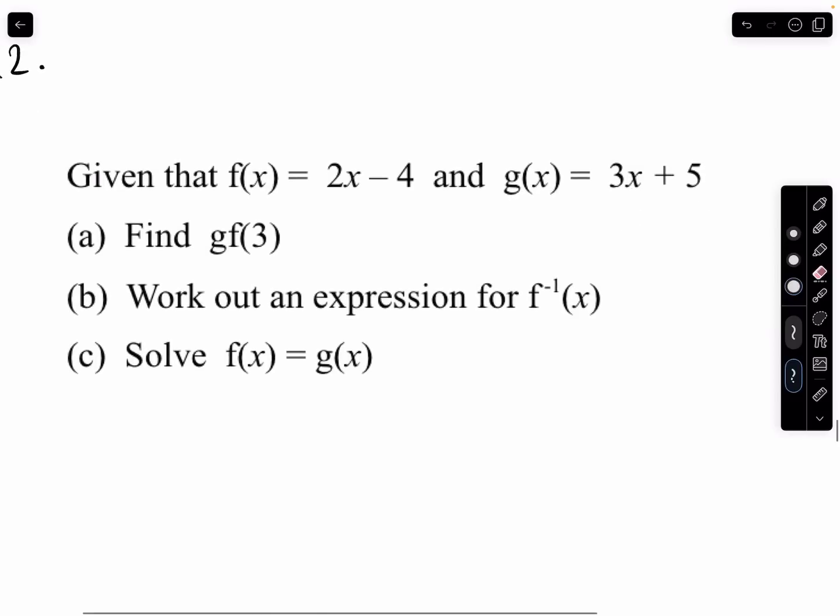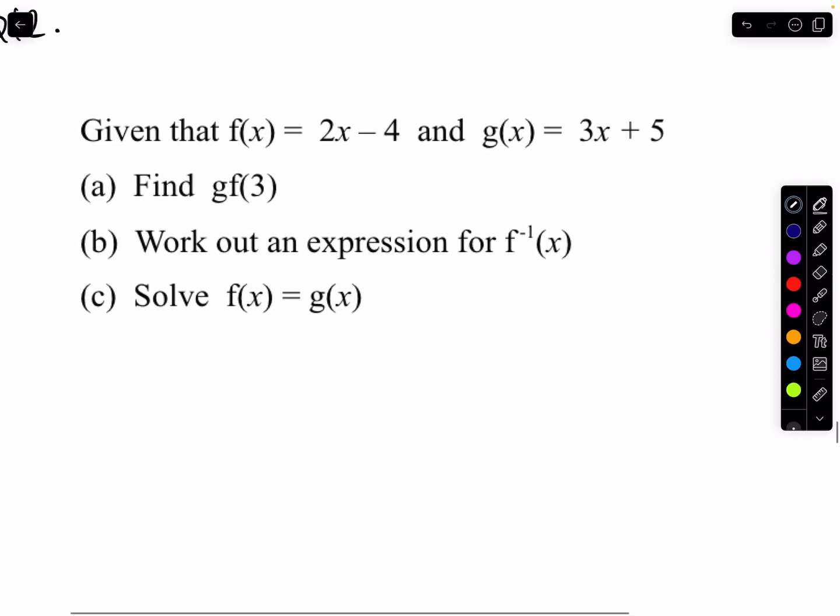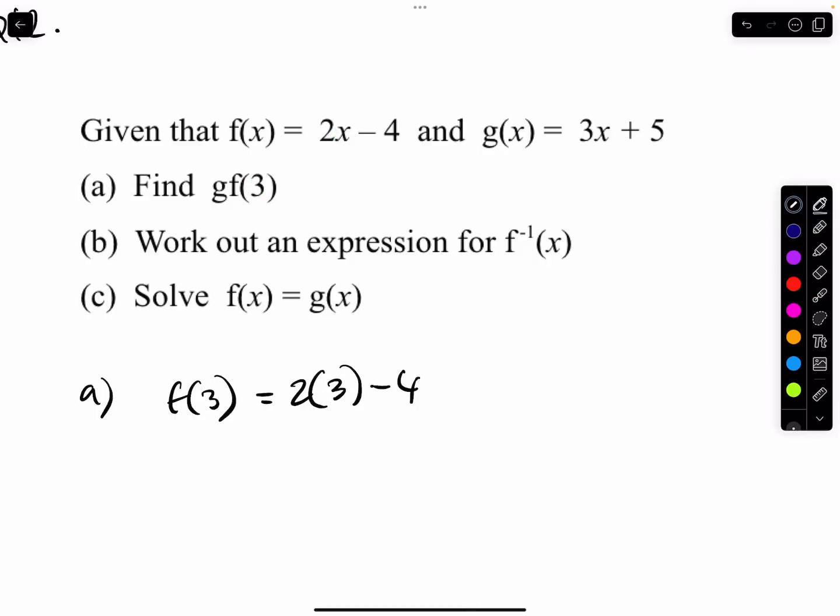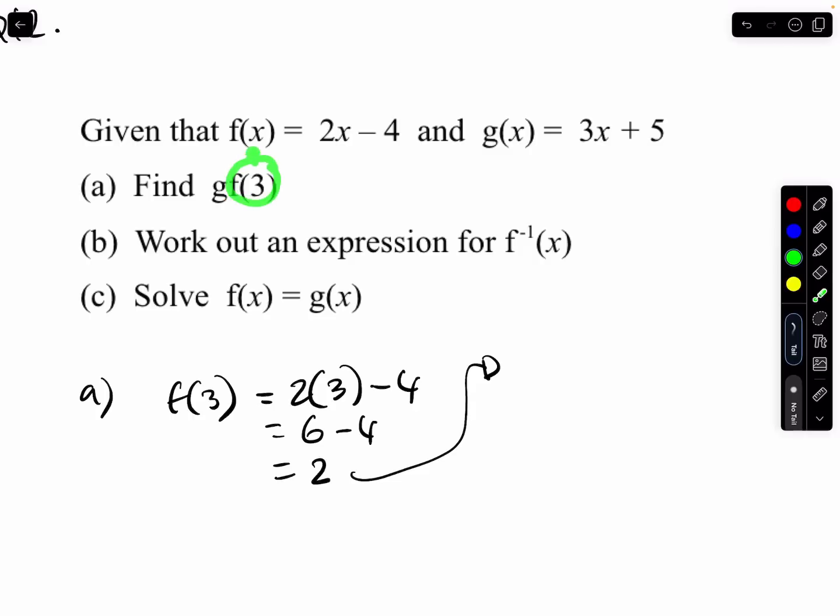The best way to do this, guys, you don't need to find the expression. Start off by doing f3. Always, this is the first one next to the bracket. Whatever letter is next to the bracket, you start with that. So f3: I'm going to put 3 in here. That would be 2 times 3 minus 4. That's 6 minus 4, which gives me 2. Now take this 2 and put it into g, g's x.